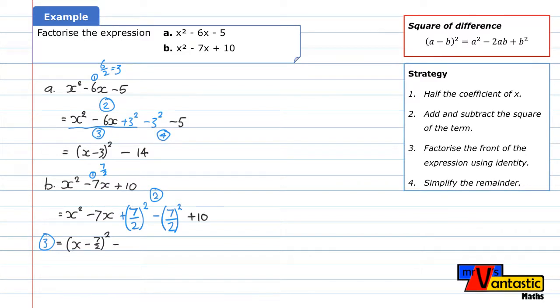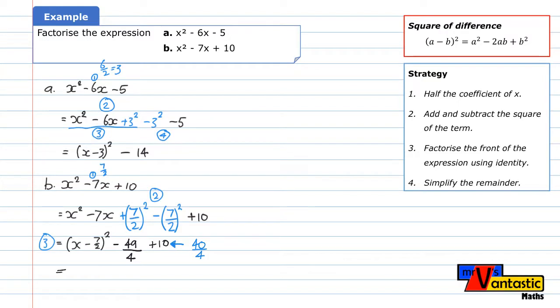So minus 7 squared is 49, divided by 2 squared is 4, plus 10. And of course, I can rewrite 10 as 40 over 4.